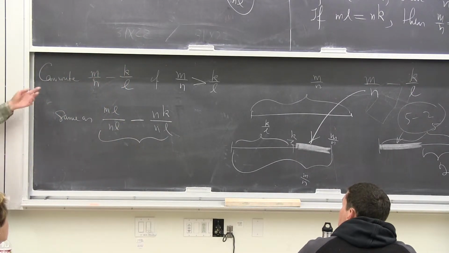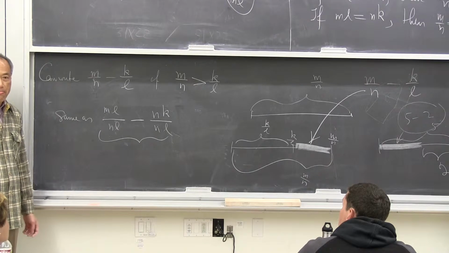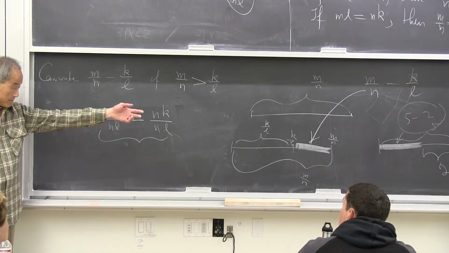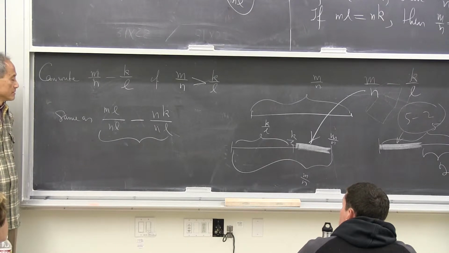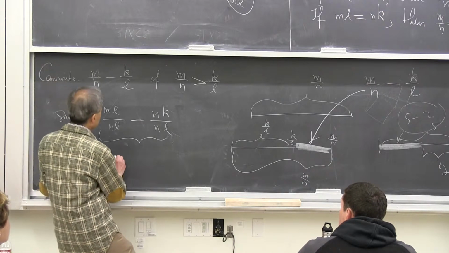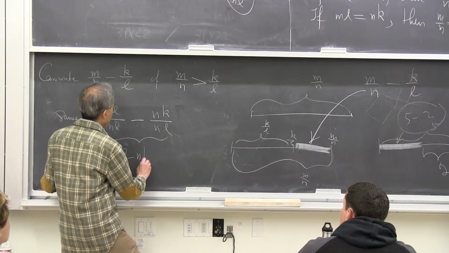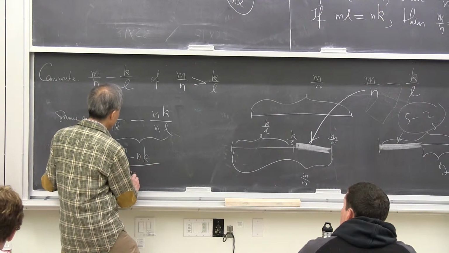Right? So what do you think the answer is? You understand all that? M over ML minus NK over NL. Exactly. All right, Glenn, explain to us why this is true.